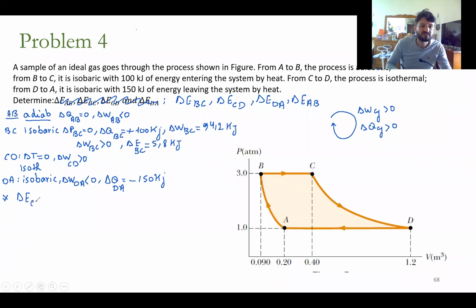Delta E for any case equals n Cv delta T. In the case of CD, we have an isothermal process. So delta T equals 0, so delta E equals 0.